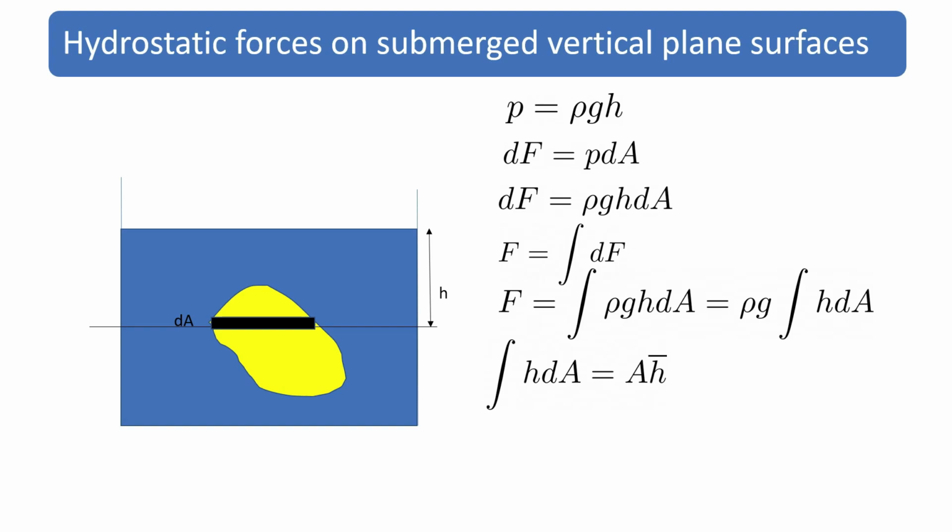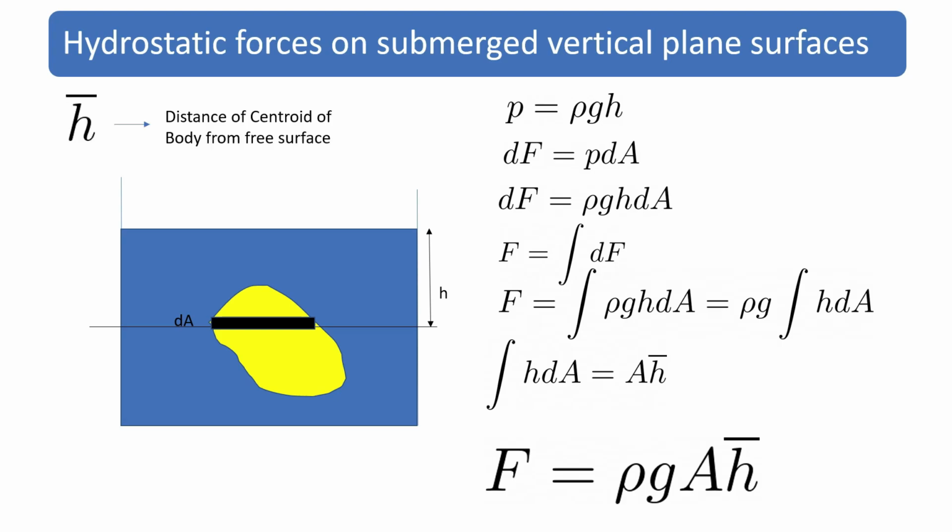So this is how you find the centroid of the body. H bar is the centroid distance of the body. So the total force acting on the plane surface is equal to rho g A into h bar, where h bar is the distance of the centroid of the body from the free surface. So this is h bar.